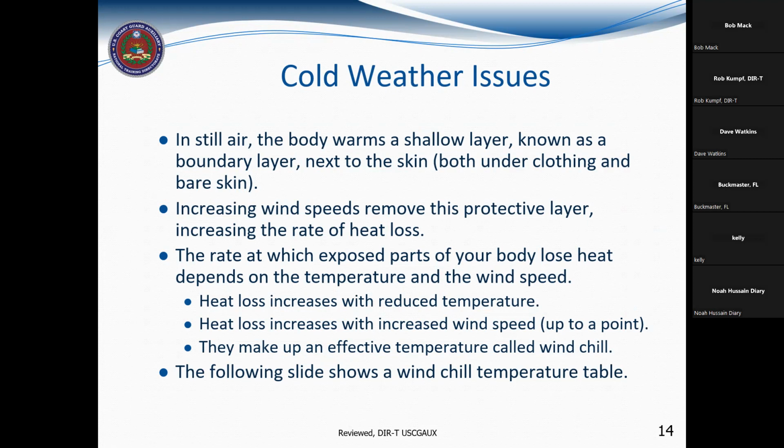So have your base layer or boundary layer next to your skin, under your clothing. Increased wind speeds remove that protective layer and increase the rate of heat loss. So you're going to want to have proper clothing. Our parkas are pretty nice at blocking the wind.